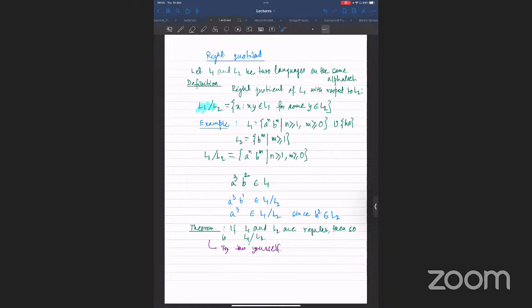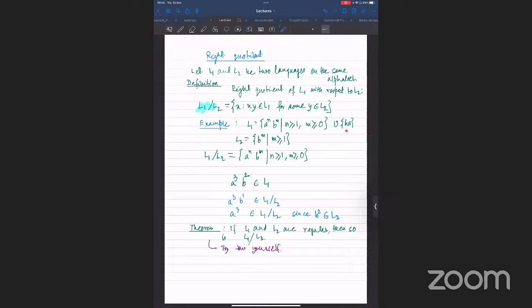For example, if you consider a^3, you can add some number of b's, and this is going to be in L1. So a^3 should be in the right quotient of L1 with respect to L2. If you see a bit carefully, you will see that this is the right quotient language.